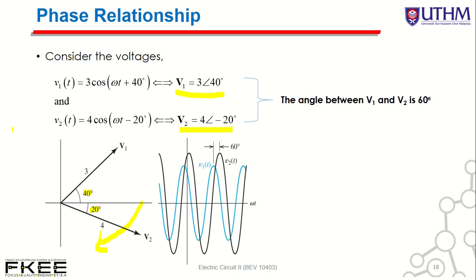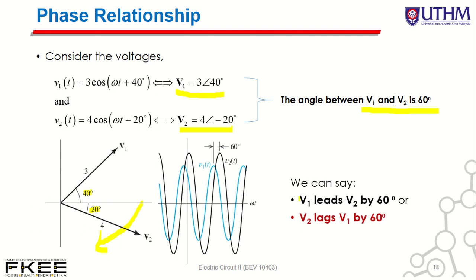So the phase relationship. What is the phase relationship between these two functions? The phase angle between V1 and V2 is 60 degree. The difference angle between V1 and V2 actually is 60 degree, 40 plus 20. Or in other words, we can say that V1 leads V2 by 60 degree.